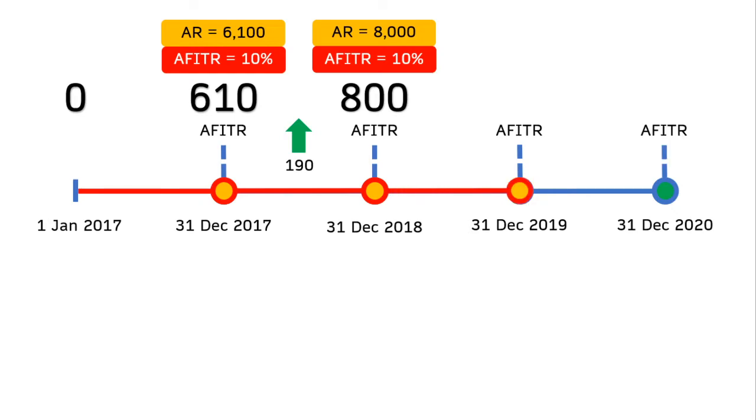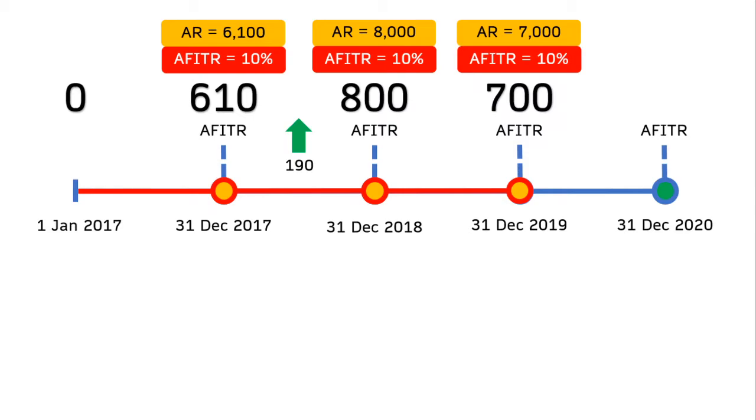For the year ended 31st December 2019, the accounts receivable balance is 7,000 and the allowance to be provided is also 10%. So we need the allowance for impairment of trade receivables to be 700. Here there is a decrease of RM 100. So we need to record it like this.